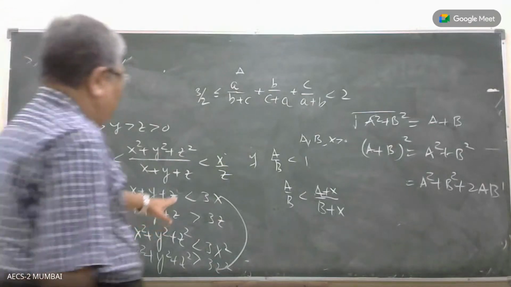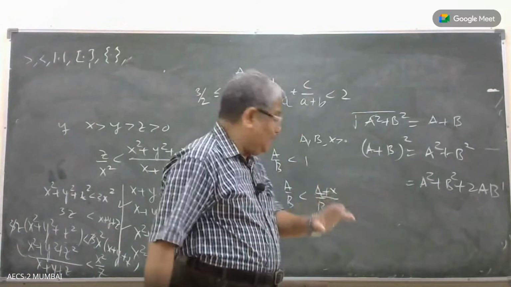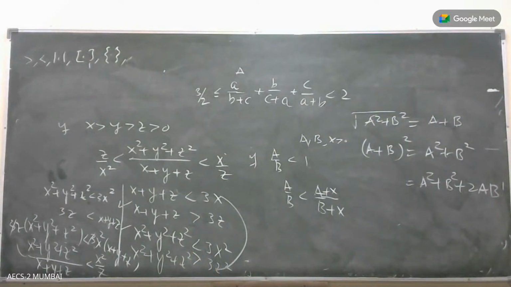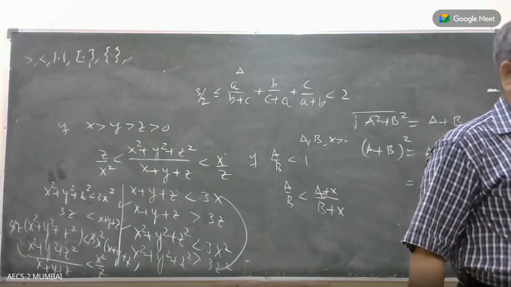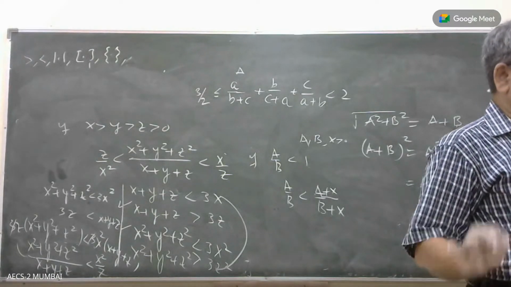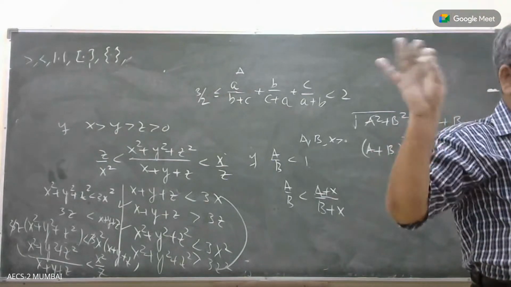So what if you want to apply this to a ratio? That ratio should be less than 1. And what are the ratios here? A upon b plus c, and we know that the essence of a triangle is that the sum of two sides should be greater than the third. This is a great essence of trigonometry which Olympiad uses. No sin theta, cos theta, and all.